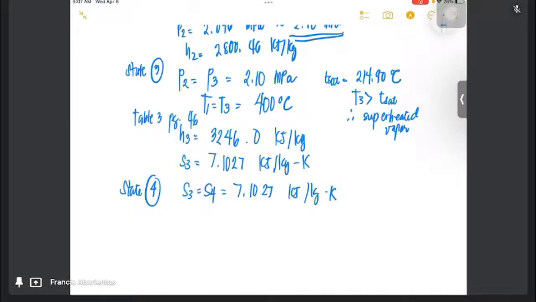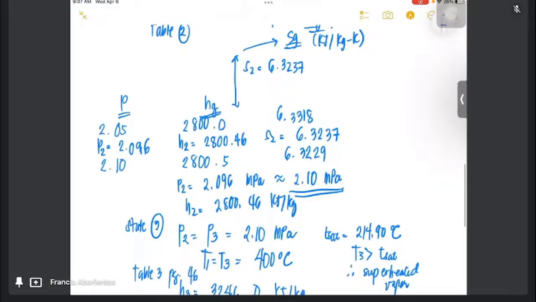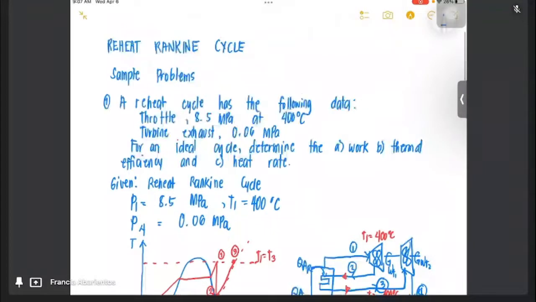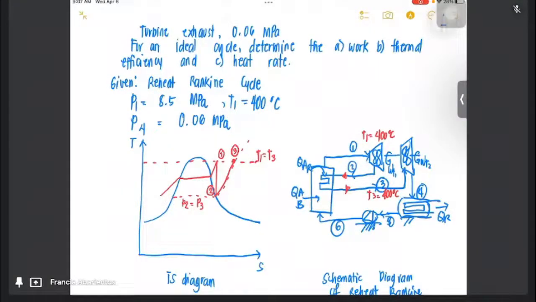But, given na yung pressure natin at the turbine exhaust. So, this is now your turbine exhaust. Okay. So, ito class, diba, yung turbine exhaust natin. So, from 4, ito yung sinasabing turbine exhaust. So, may given na tayong pressure at point 4. So, we have 0.06 MPa.